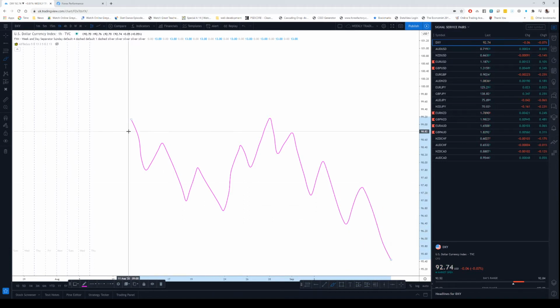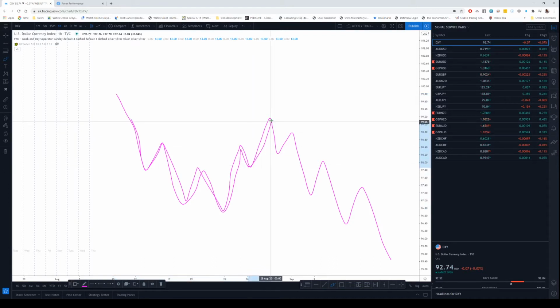Because as you know, the market does not go in a straight line, and it does not go up and then down. There's always going to be this weird movement of price going up, then price will pause and change direction, and then pause and change direction, and then a continuation to the downside.